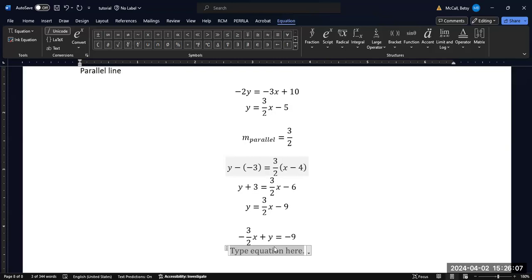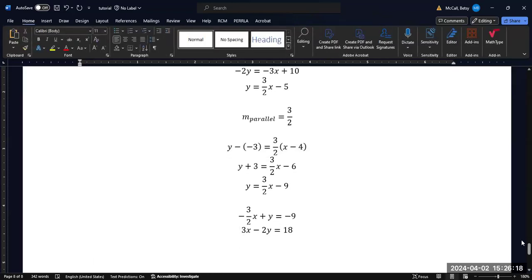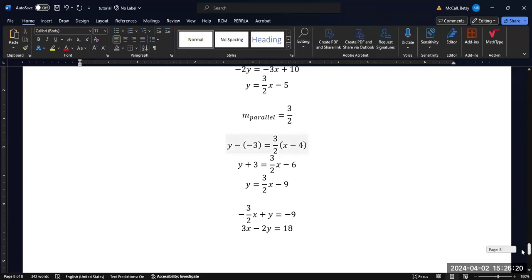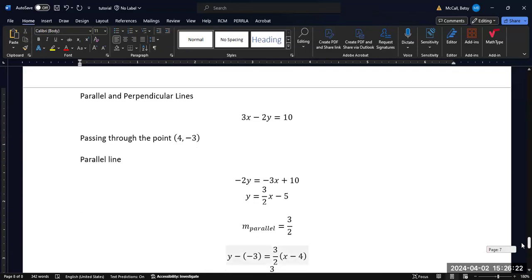Math people tend not to like that. So multiply everything by -2, we get 3x minus 2y is equal to 18. Now, notice that the 3x minus 2y is the same thing as we had for our original standard form of the line. The thing that has changed is the constant.